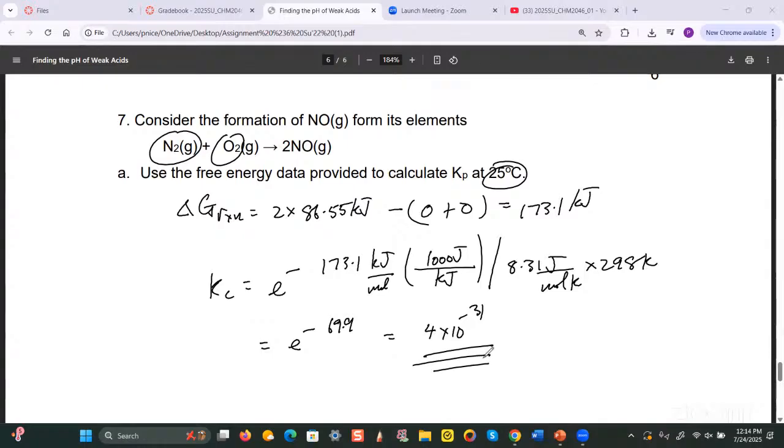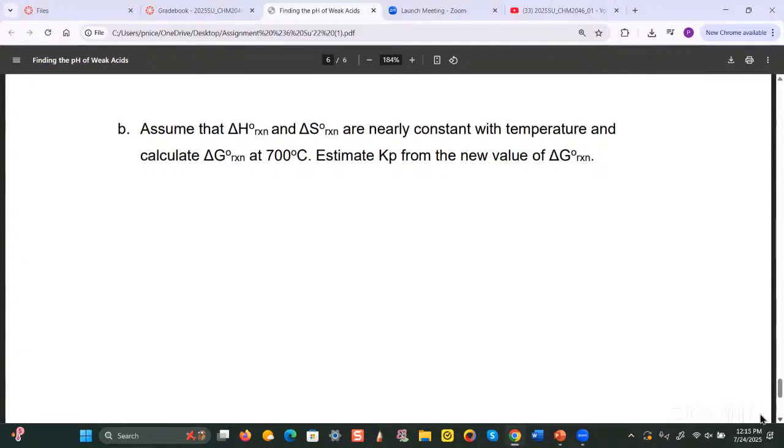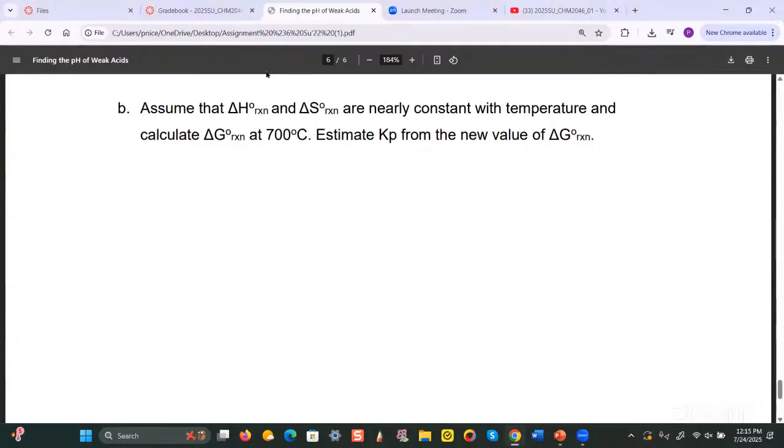Now the B part, clear this, is asking for... Okay, so the B part it says, assuming that delta H reaction and delta S reaction are nearly constant with temperature, calculate delta G of the reaction at 700 degrees and then estimate the Kp from the new value of delta G, all right? Now, basically, let me just briefly describe the approach that we're gonna take. So basically what we need to do first is to find delta G of the reaction based on the delta H value and the delta S value.